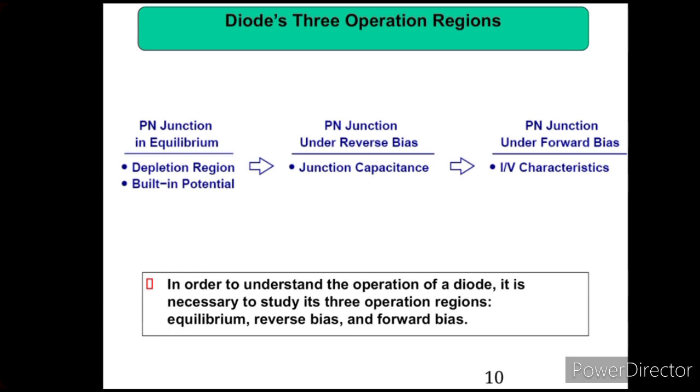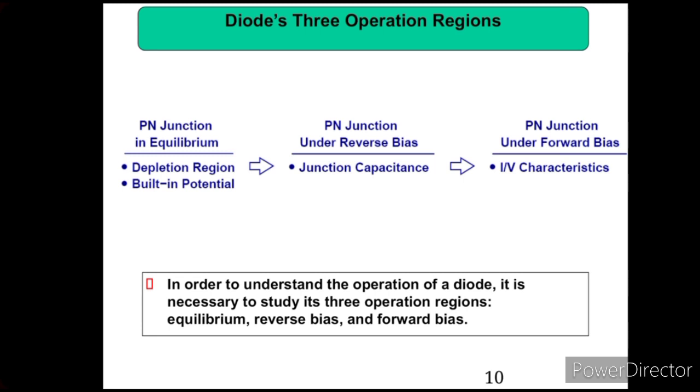This condition is known as the p-n junction in equilibrium, with the depletion region and built-in potential. Second is the p-n junction in reverse bias condition, where the depletion region is formed and the junction acts like a capacitance. Next is the p-n junction under forward bias, and the IV characteristics.